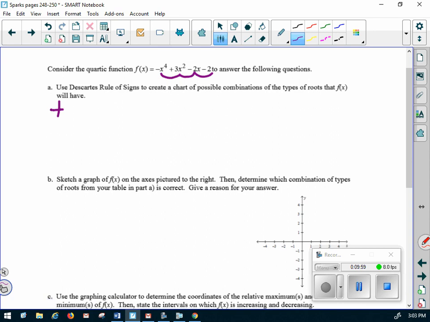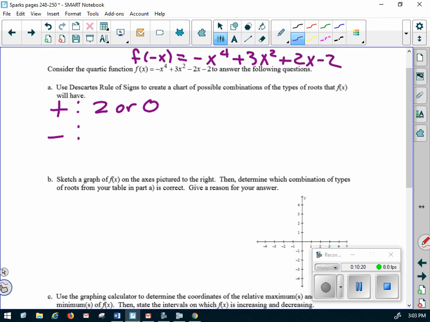So positive real roots are going to be 2 or none. Negative real roots. Remember, we have to do f of the opposite of x. Well, f of the opposite of x is going to give me the opposite of x to the fourth plus 3x squared plus 2x minus 2. Sign changes 1, 2.